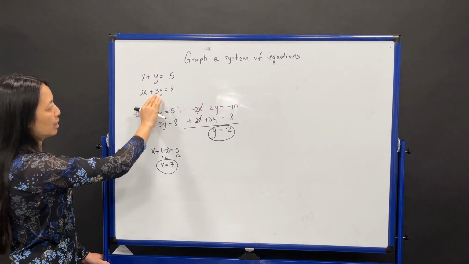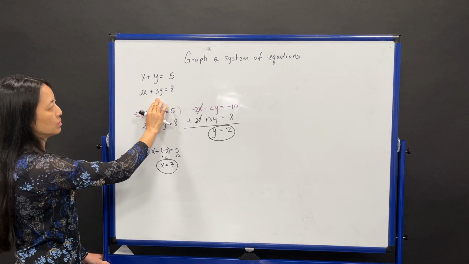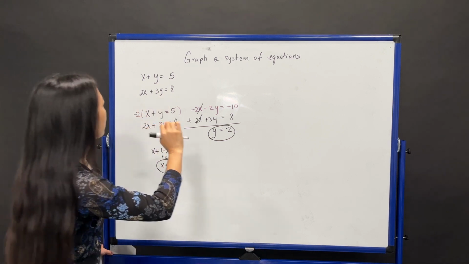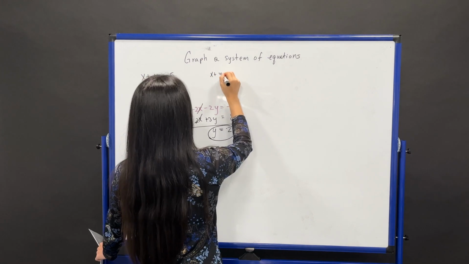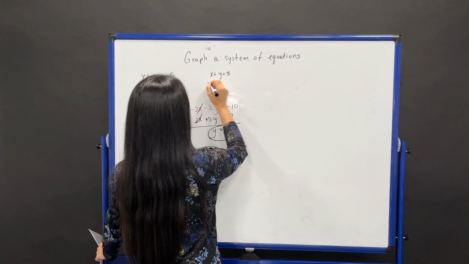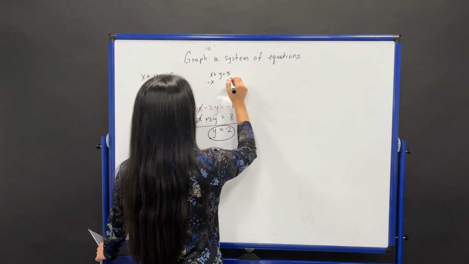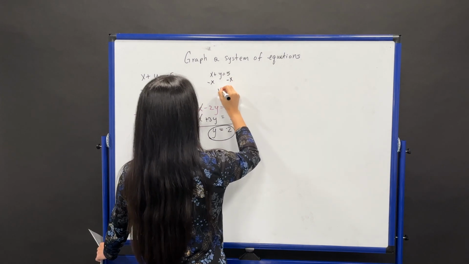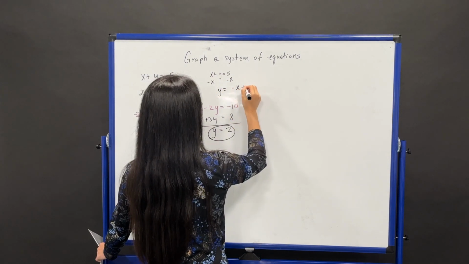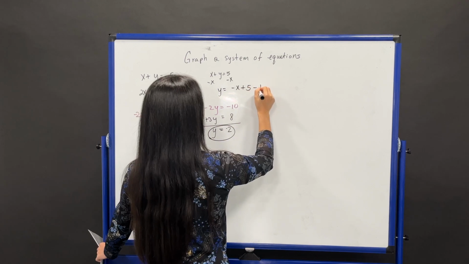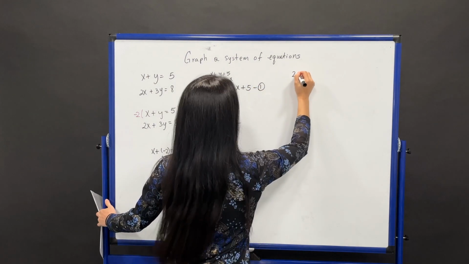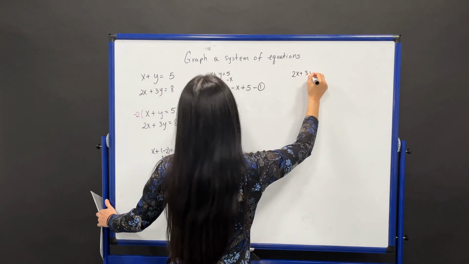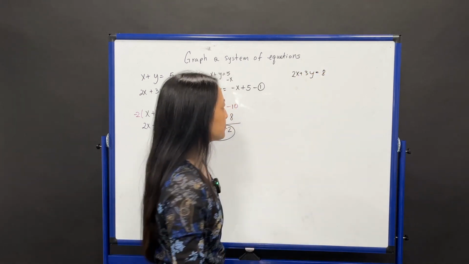But before I do that, I'm going to isolate y for each of the two equations. First, we're going to subtract x on both sides. We get y is equal to -x plus 5. That's our first equation. Our second equation, 2x plus 3y is equal to 8.